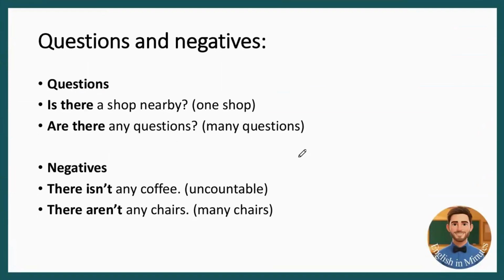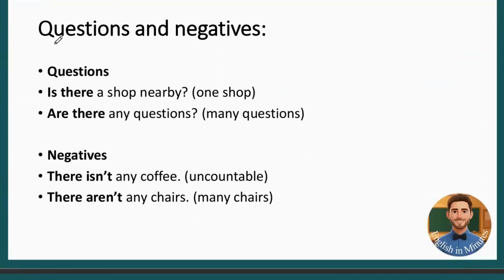So how do we use them when it is questions and negative things? The first one, questions. Is there a shop nearby? We are only talking about one shop. Okay, remember the rule. There is we use when it's one thing. Are there any questions?